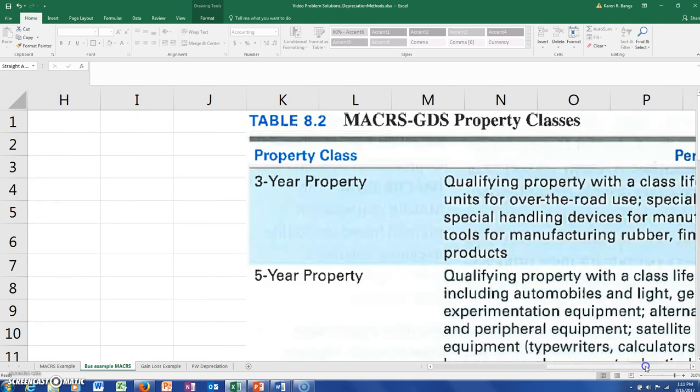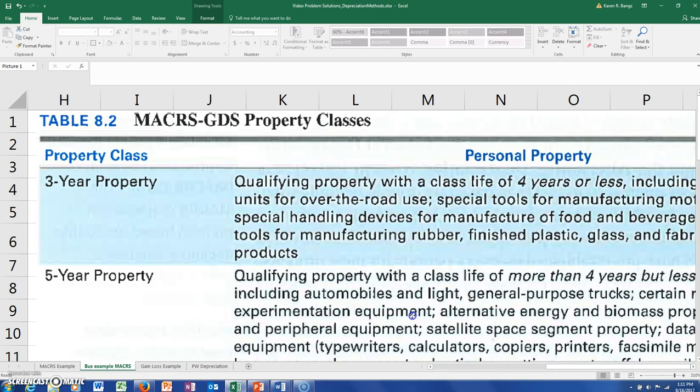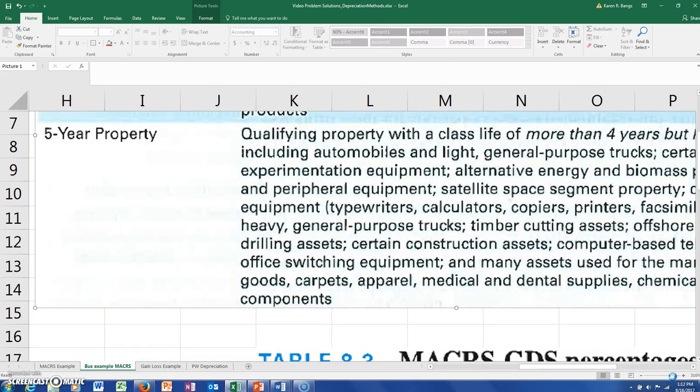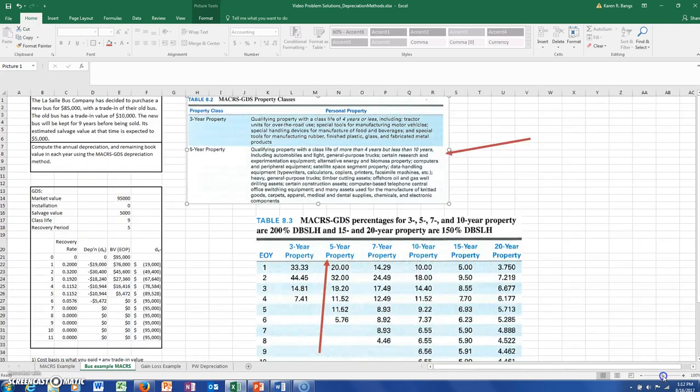When I look through it here, it looks like the bus falls into light general purpose trucks, or general purpose trucks is what I would say it's like. So therefore, it's a 5-year property. So if we have a bus that's a 5-year property, then we are going to use these rates in order to calculate the annual depreciation for the bus.